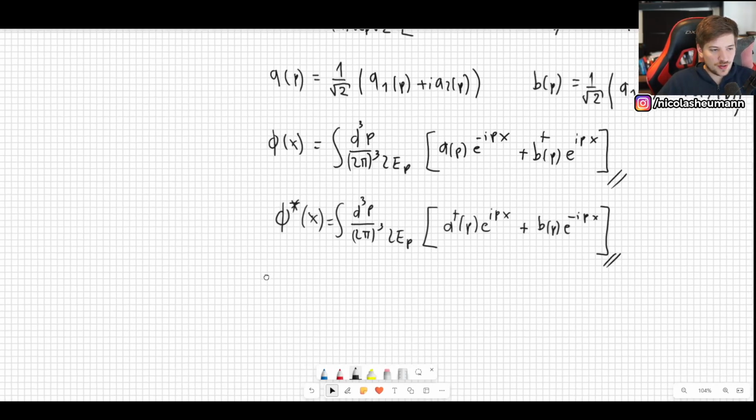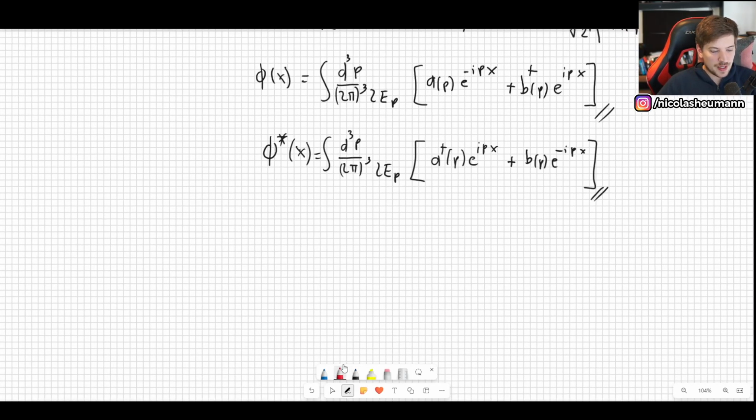And now, just to make sure that this is very clear, the only non-zero commutators are a of p with a dagger of p prime, and also b of p with b dagger of p prime, and these are going to be delta cubed of p minus p prime. So these are the only non-zero commutators.